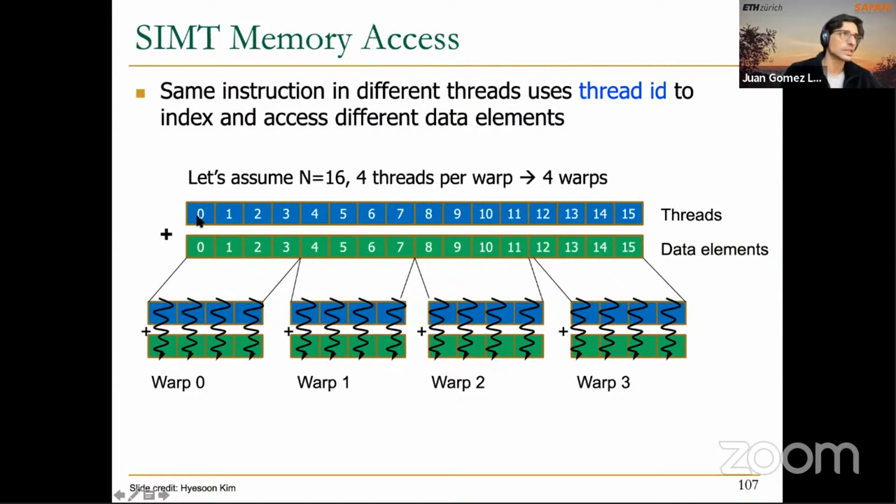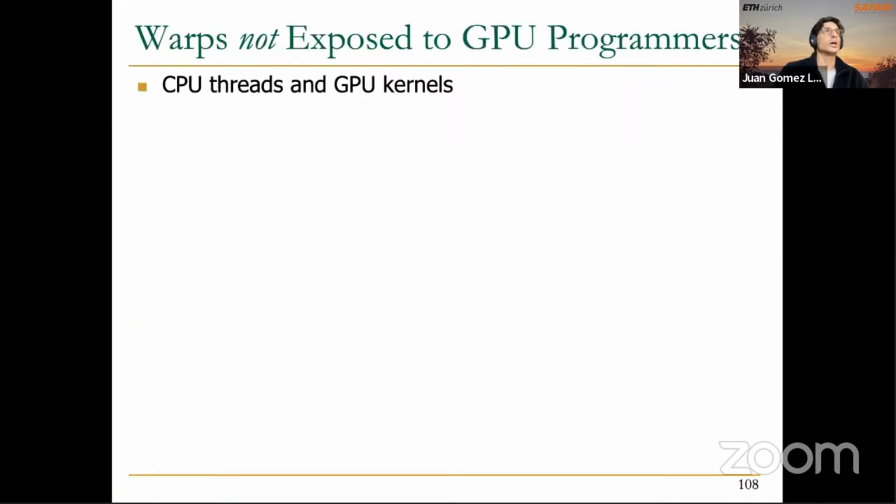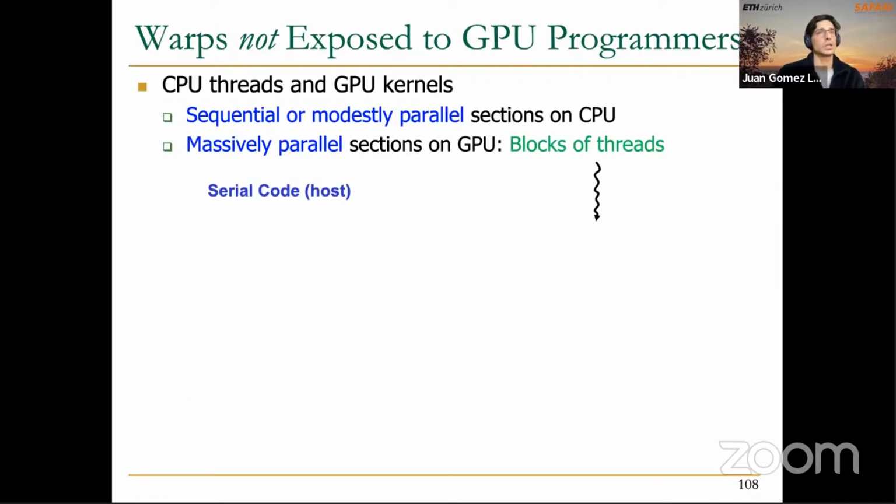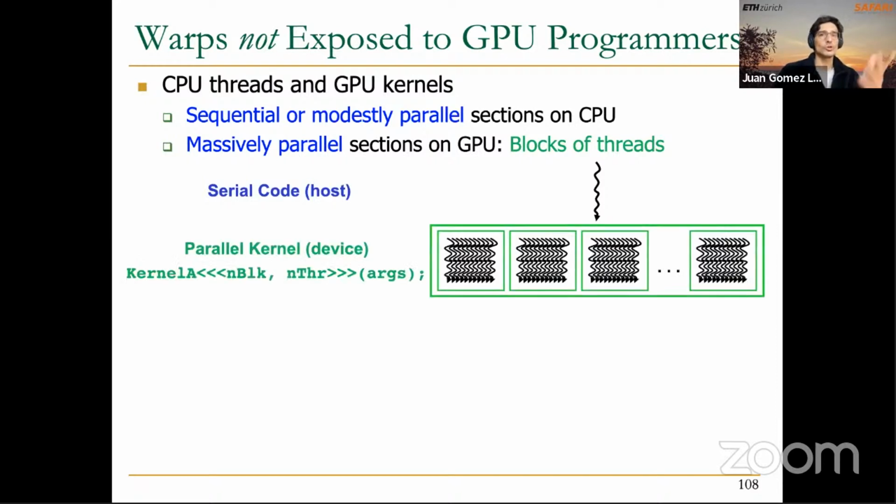So thread 0 accesses these 2 elements, thread 1 accesses these 2 elements from the 2 arrays. So as you see, it's also pretty simple to write the code for these threads that will be later executed onto the SIMD engine. And here let me very briefly show you how a GPU program looks.